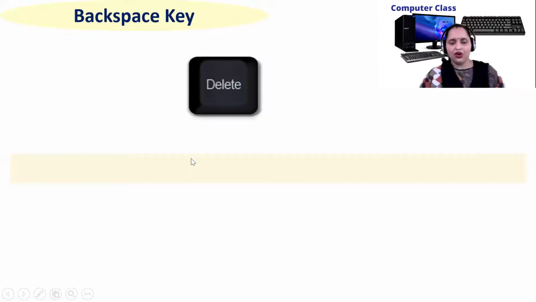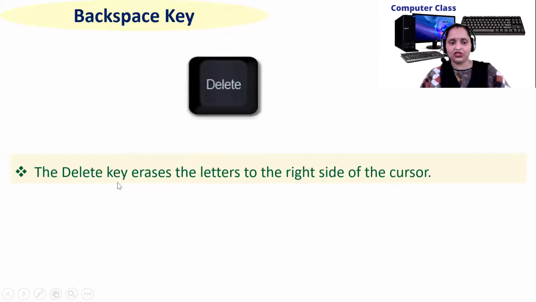Good, children. Now, see this key. What do we call this key? This key is known as the delete key. This key is also used for erasing. See, children, the delete key erases the letters to the right side of the cursor.